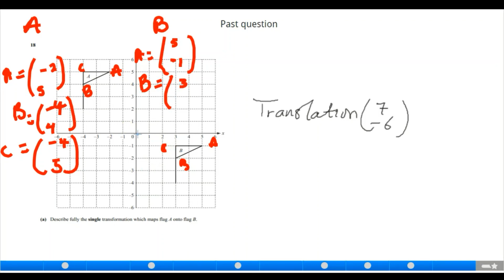X is 3 and y is -2 and not -1. Now for point C, x is what? X is 3, y is what? -1.